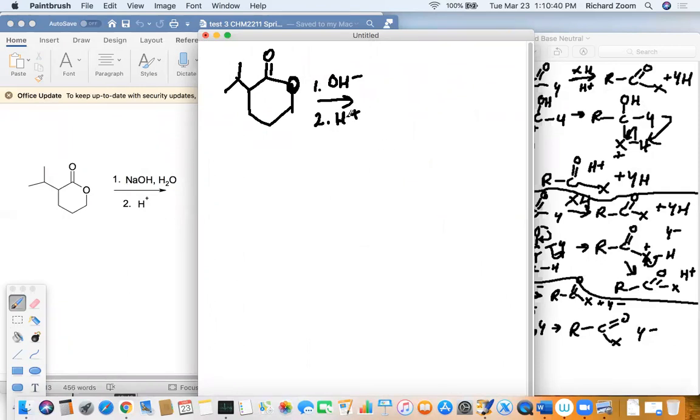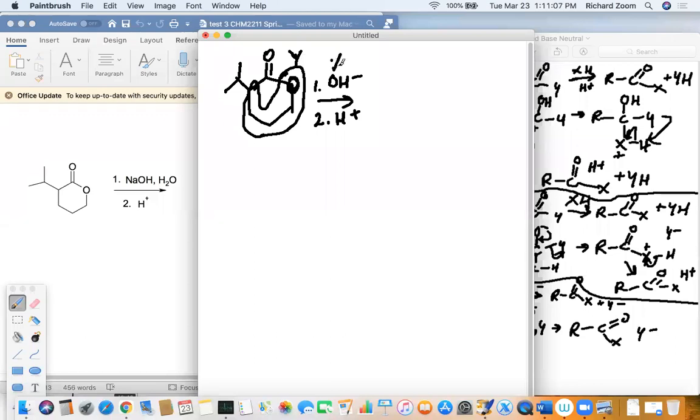So I'm going to put the NaOH as OH minus. So the groups that we've got here, effectively this whole thing really, is the Y group.